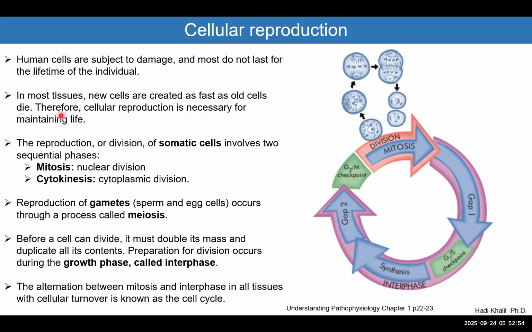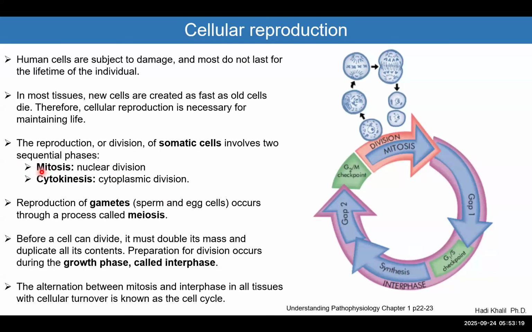Now, the reproduction of our cells is divided into two parts. As I said, if it's a somatic cell, this means it's not an egg or a sperm. And this is describing eukaryotic cells, just to make it clear. It involves the division of the cell. First, it will be the mitotic process, which is the nuclear division.